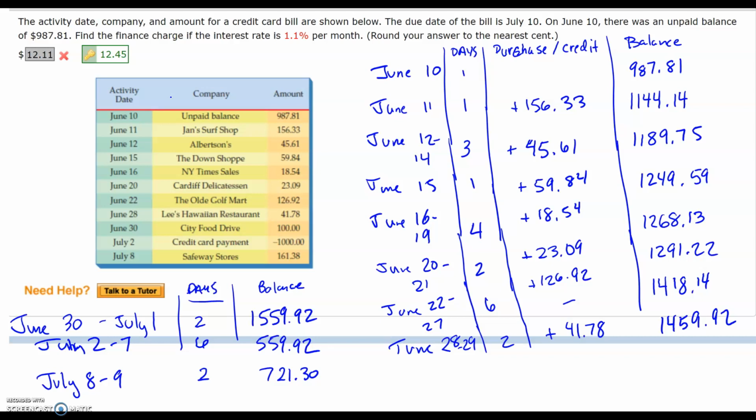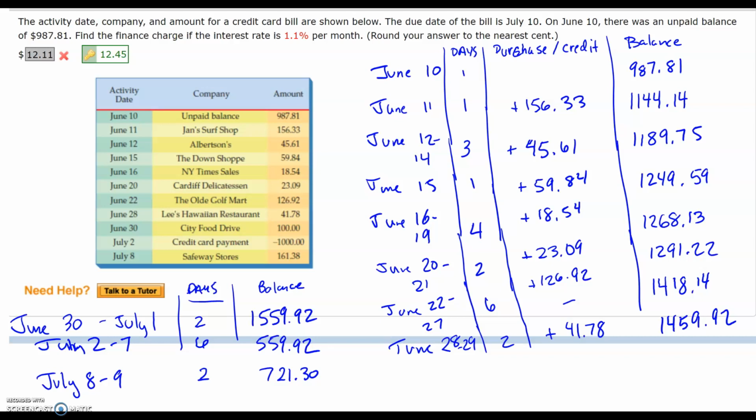So what you see here is a breakdown where I've taken each of the days, and when we have intervals, we need to count the number of days. The third item here is June 12th through the 14th because we have another transaction on the 15th. So that's 3 days. If you count them, 12th, 13th, and 14th.